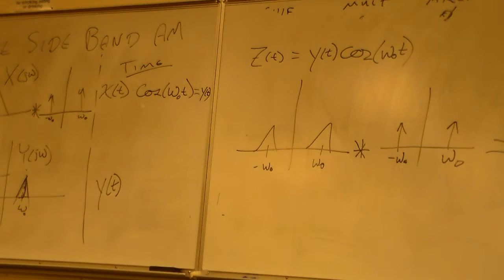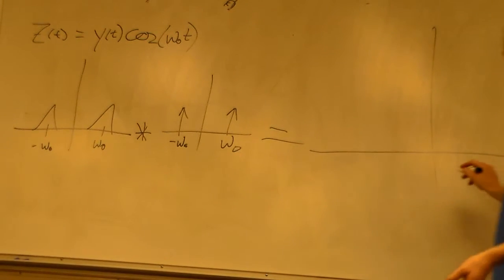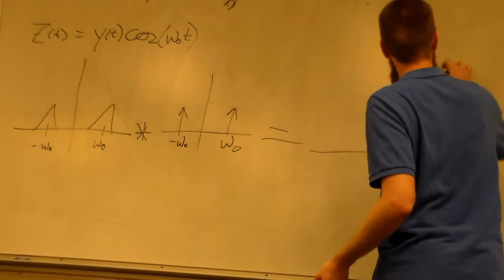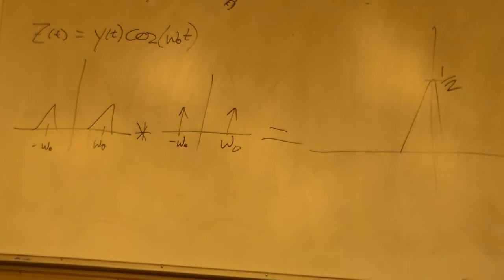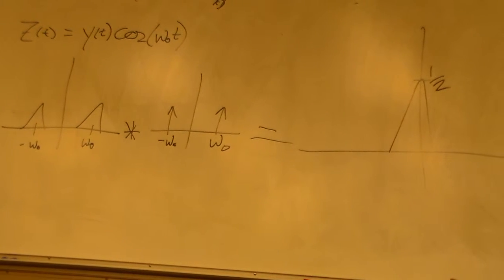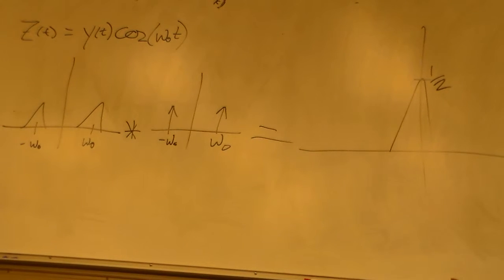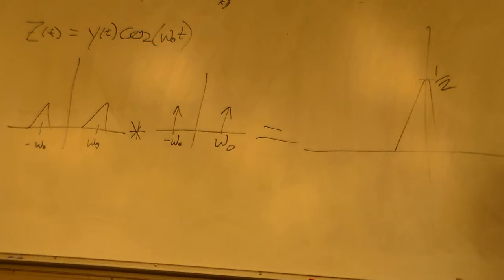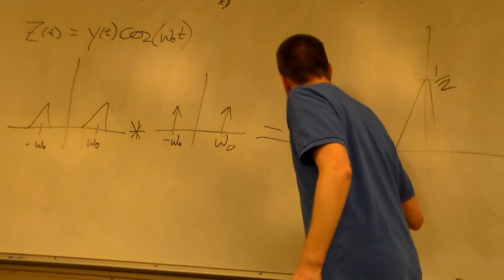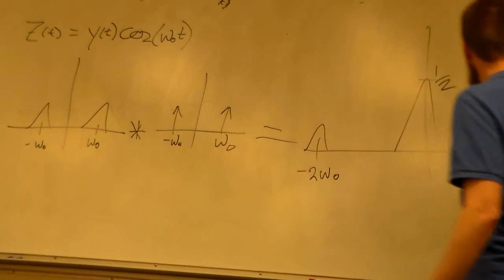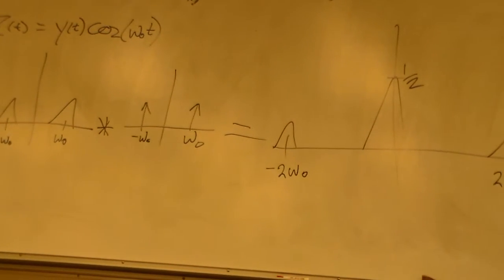What are the amplitudes of the 3 triangles and where are they located? One's at the center and it's twice as much as the other two. Yep, one's here and this is at 1/2. And where are the other ones? One to the right and one to the left. How far out? 2 omega naught and minus 2 omega naught. And what are their amplitudes? 1/4.